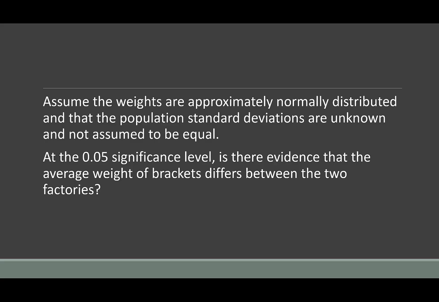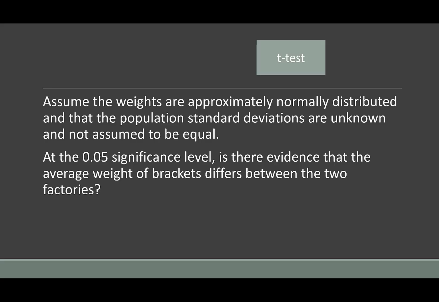Assume the weights are approximately normally distributed, and we don't know the standard deviation of the population. We also don't assume that the two samples have the same standard deviation for their population. At the 0.05 significance level, is there evidence that the average weight of brackets differs between the two factories?